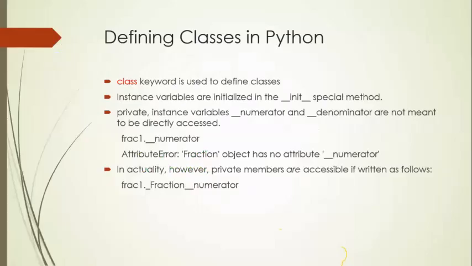Now the definition of the class is what we have already seen with examples. Now we can understand how to define a class. Defining a class in Python: the class keyword is used to define a class, like what we have seen. And to initialize the variables of the class, there is a special method you can use, called __init__.